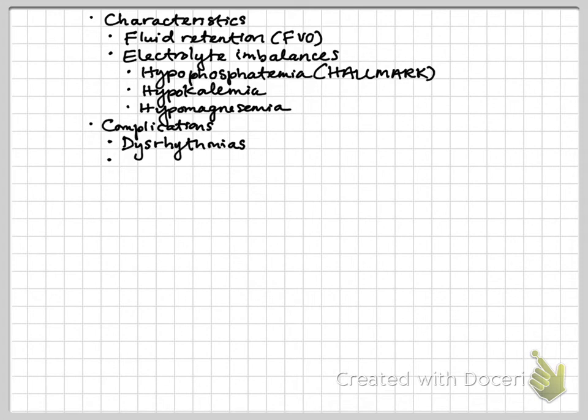Especially with magnesium, we would be at risk for respiratory distress. And then also neurologic problems, because remember, as Miss B said in the previous workshop, magnesium modulates the myoneural junction, which is where that nerve meets the muscle.